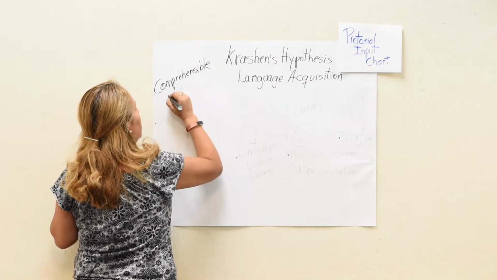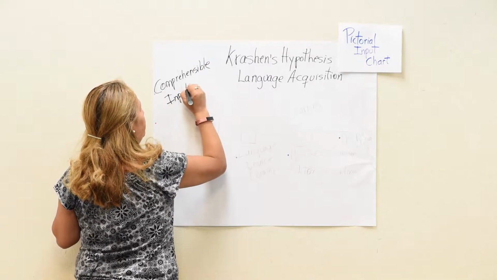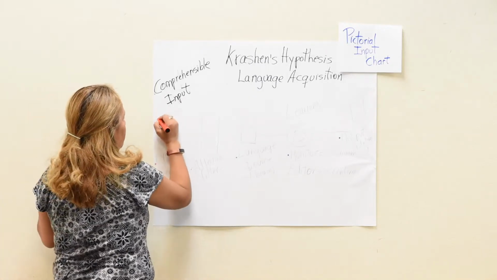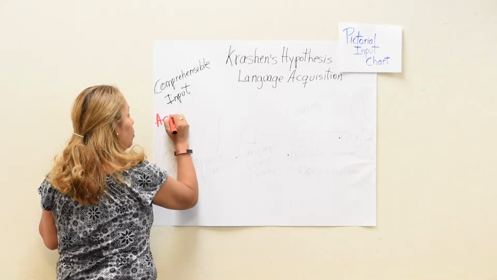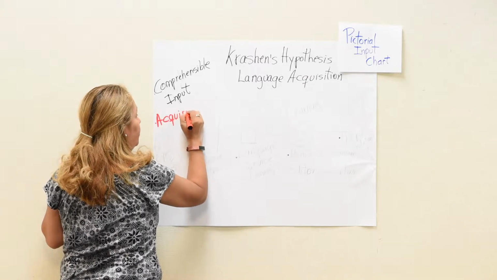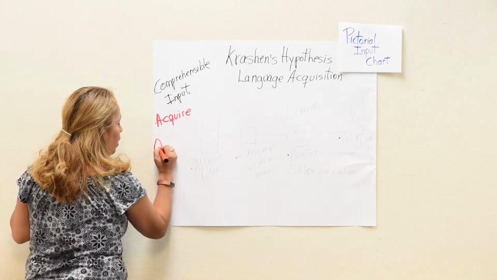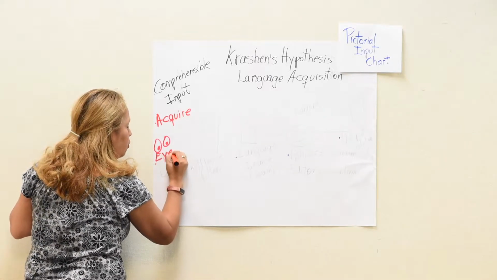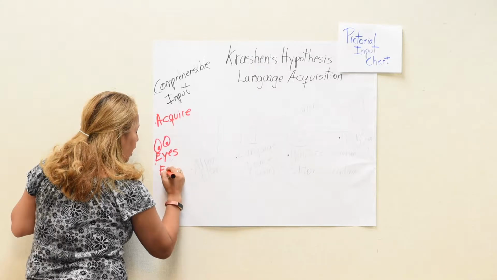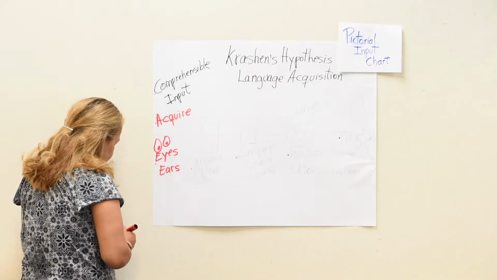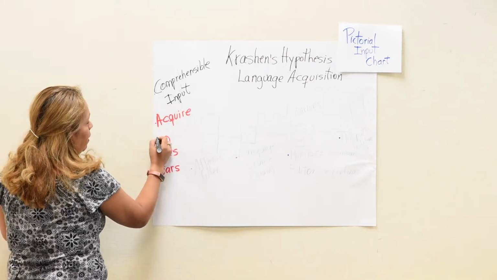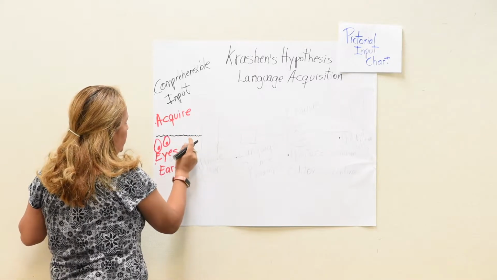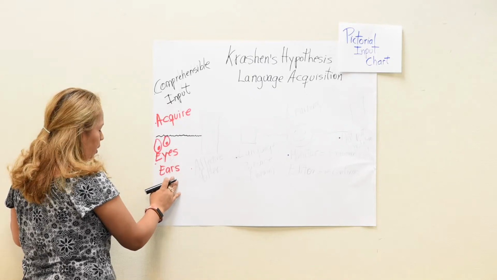And in order to have comprehensible input and to have that acquisition, you need to have information before your eyes. Information comes through your eyes and information comes through your ears. So that information is given to you and you're receiving it through your eyes and through your ears.